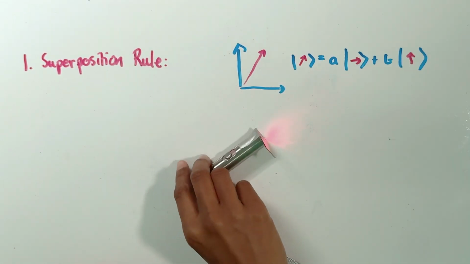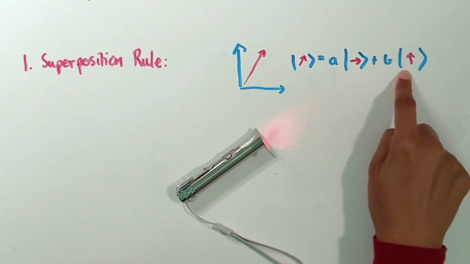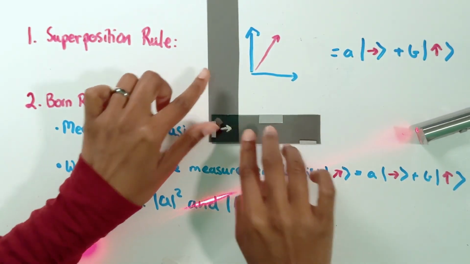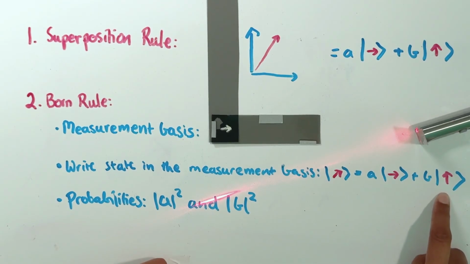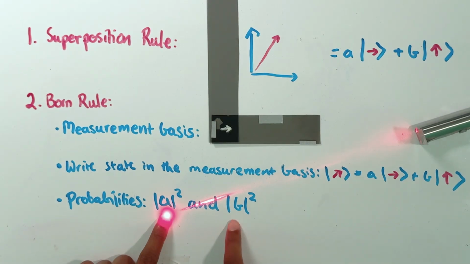And we also found that we could write this quantum state as a superposition of 2 other vectors in a particular basis. So to find out the probabilities from doing a particular measurement, you have to write the state in that basis, which we've already done, and then you look at these coefficients a and b, and you take the modulus squared of them.